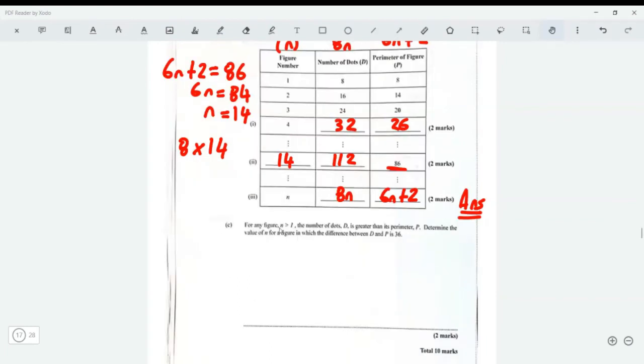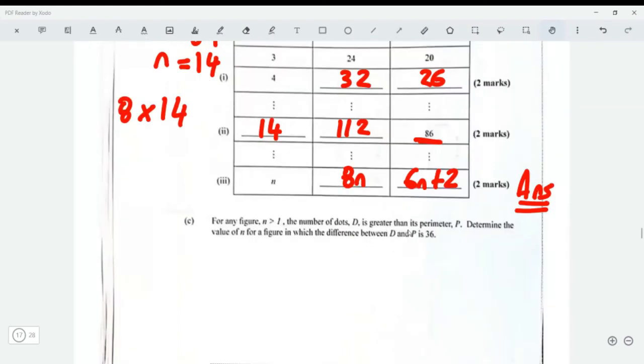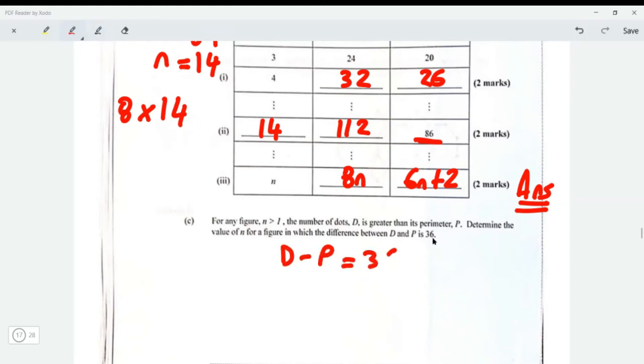Part C says, for any figure, the number of dots D is greater than its perimeter. Determine the value of n for which the difference between D and P is 36. So they're telling us that D minus P is 36.